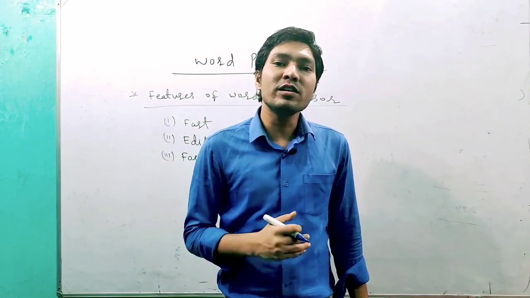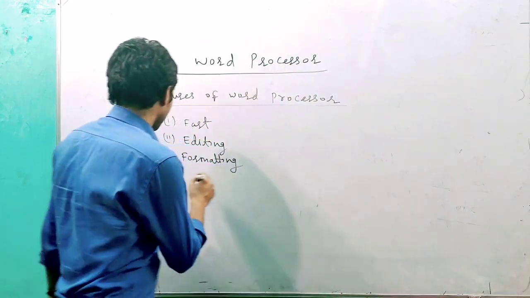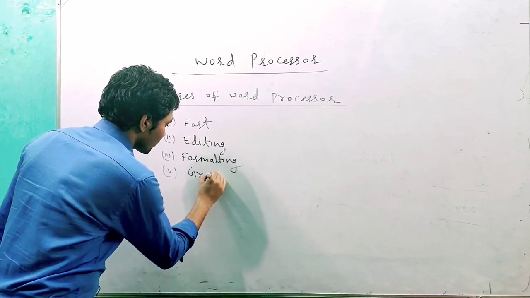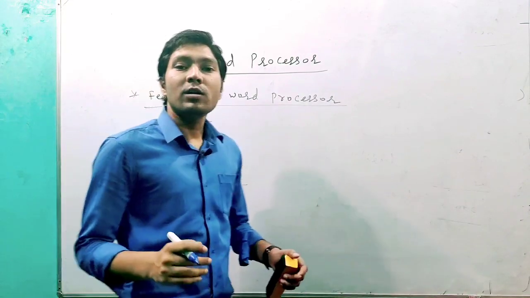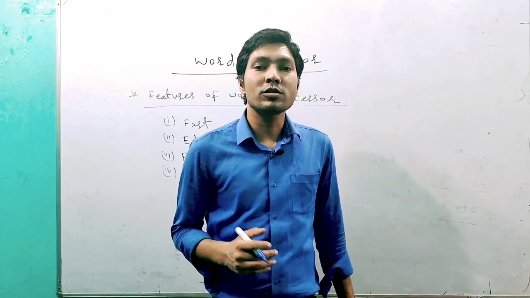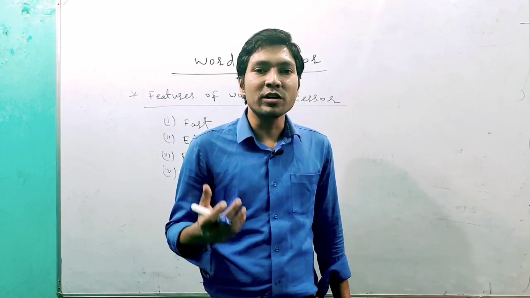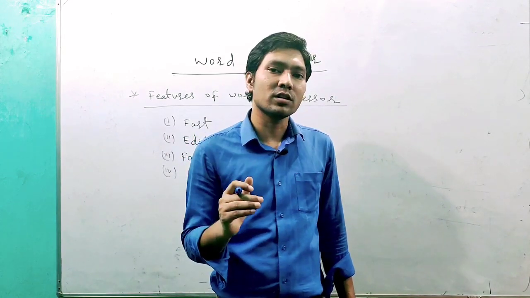Now move to the next feature. The next feature is graphics. A word processor also supports graphics. You can draw any type of figure or insert shapes in your word processor.